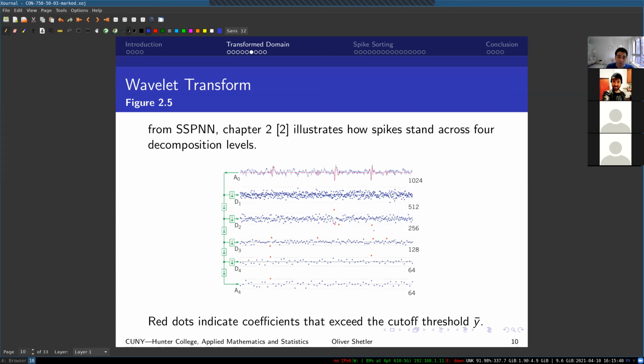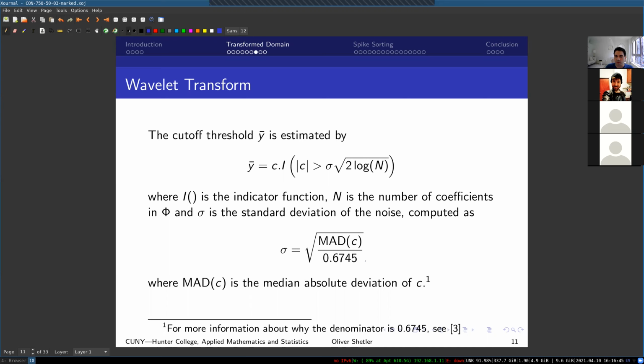And we compute the standard deviation of the noise with something called the median absolute deviation. And this number here is theoretically a bit complicated to derive, but I've cited a paper at the end for people who are more interested in understanding why we use this particular divisor.